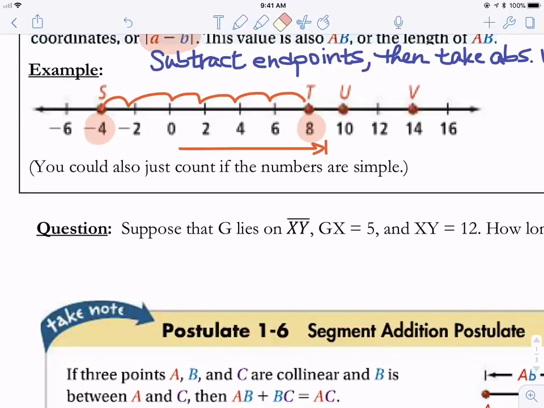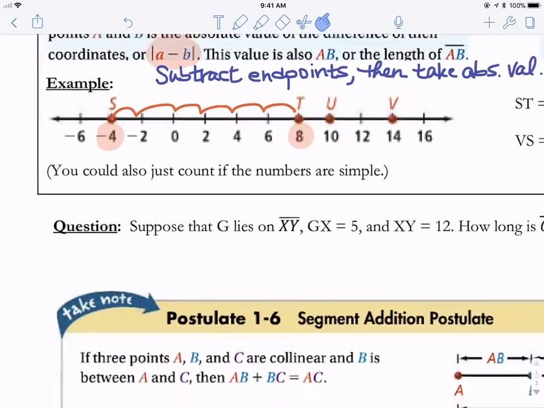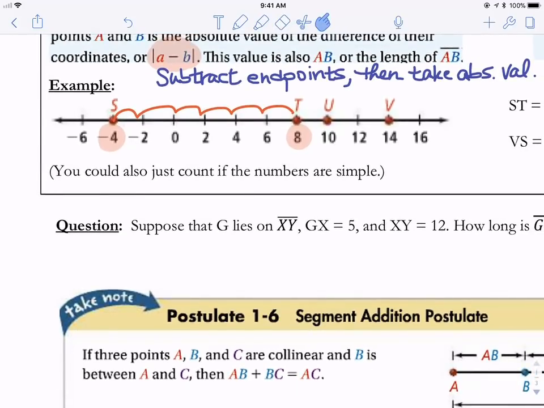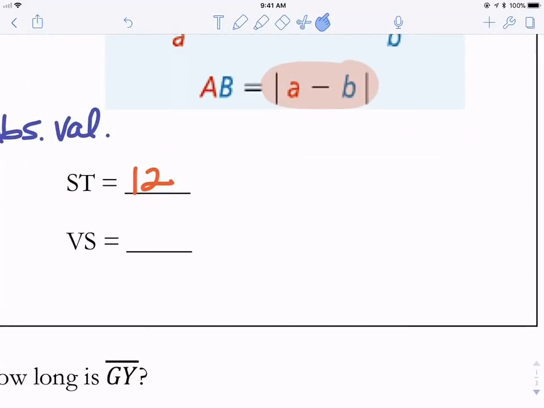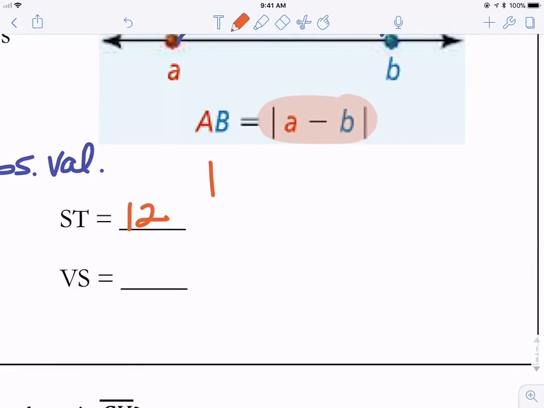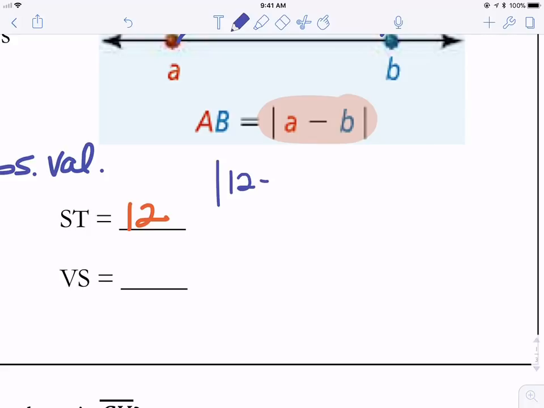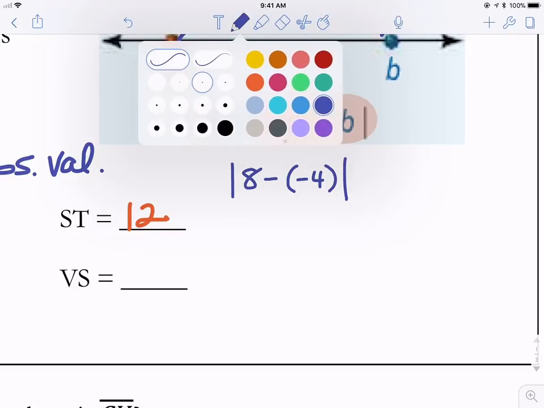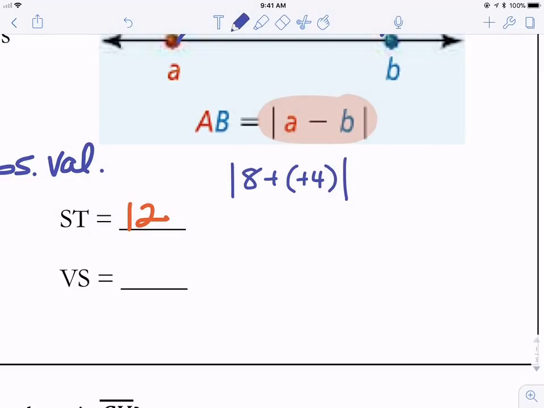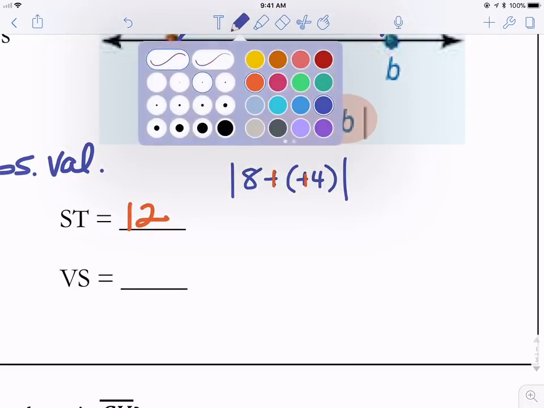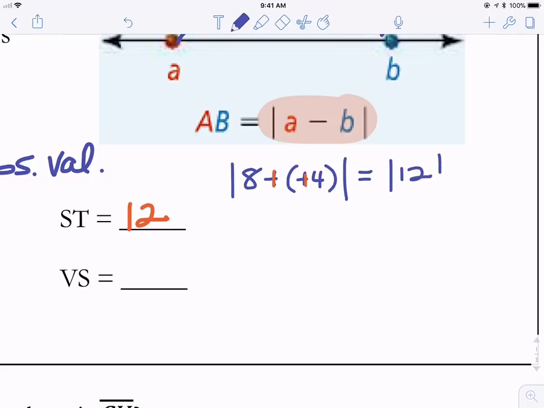That's a distance. Sometimes the numbers aren't going to be so nice, though. So remember, the way that you find the length of a segment is by subtracting the endpoints and then taking the absolute value. Okay, so if you started with 8 minus negative 4, then that double negative there would become plus, and then that will turn to the absolute value of 12, which is 12.